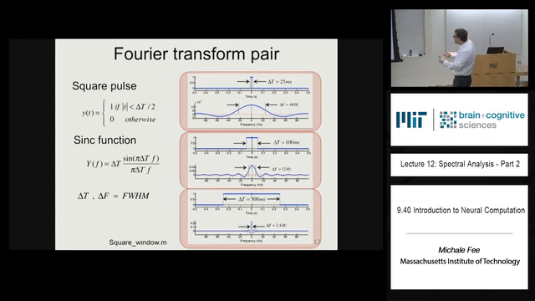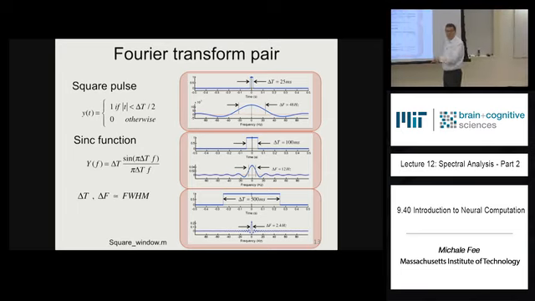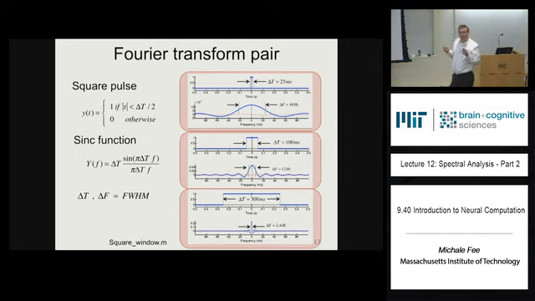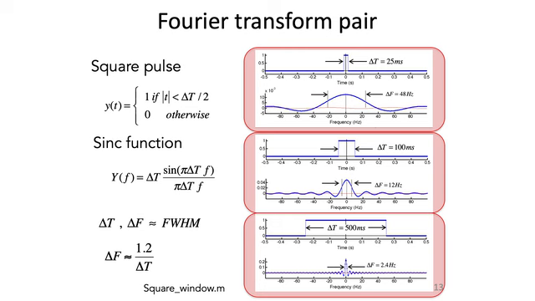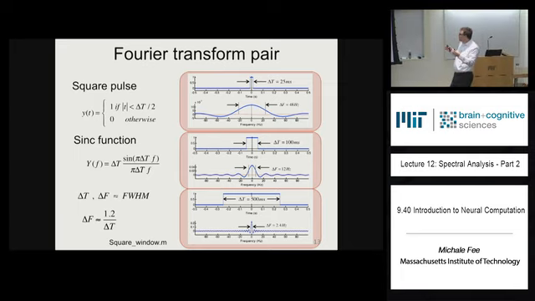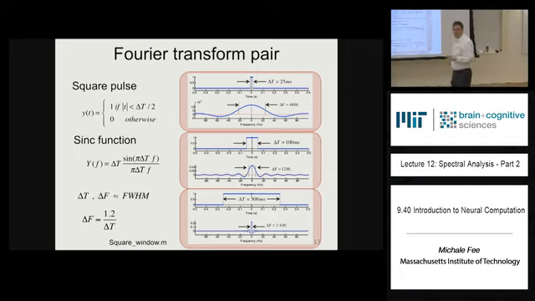And as you make the pulse in time longer, the bandwidth gets smaller. It turns out that the product of the width in time and the width in frequency is just a constant. For this square pulse and sinc function, that constant is 1.2. So there's a limit. If you make the square pulse smaller, the sinc function gets broader.